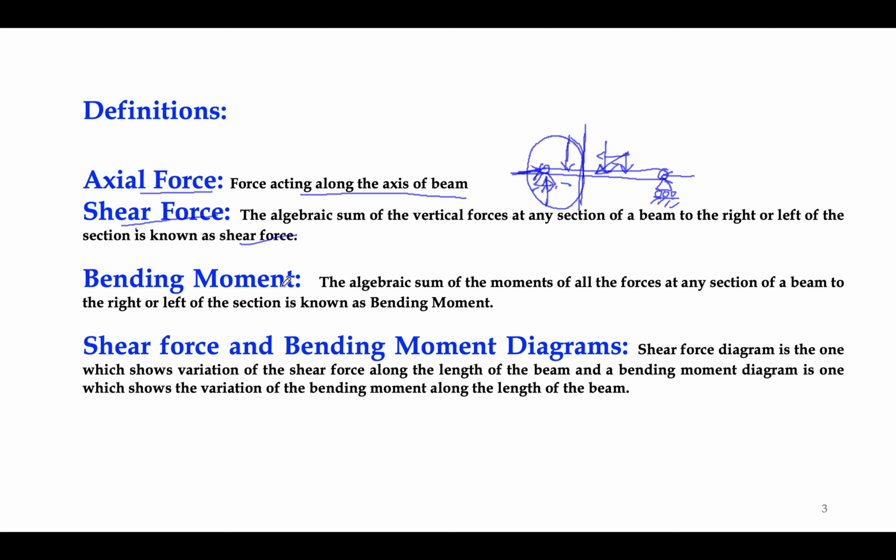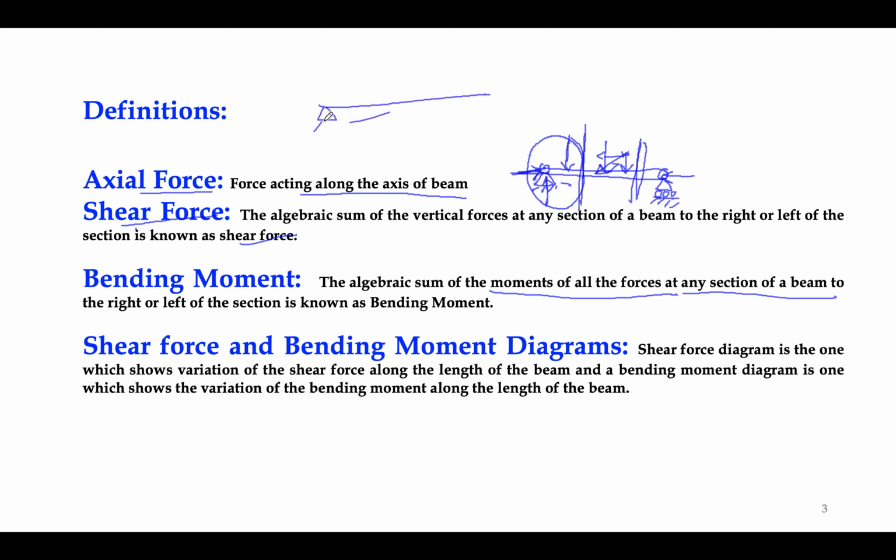Coming to the bending moment. Bending moment is the algebraic sum of the moments of all the forces at any section of a beam. Suppose we consider the moment at this particular section. So we will see what loads are acting here. Let's consider a fresh diagram.